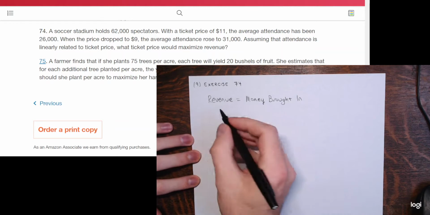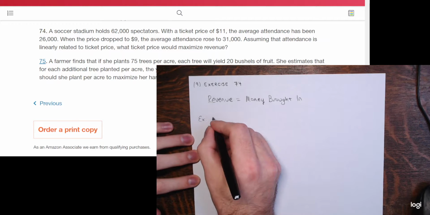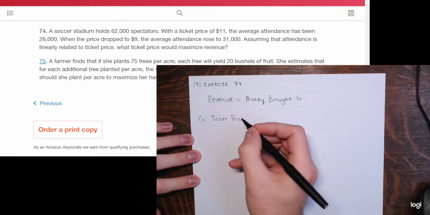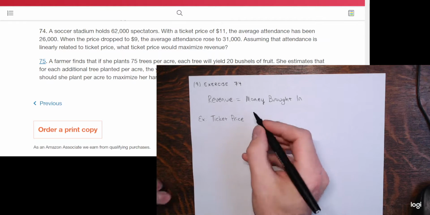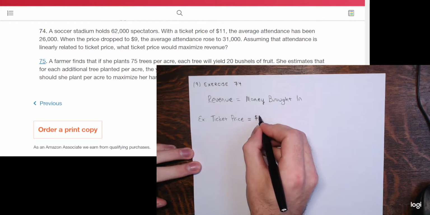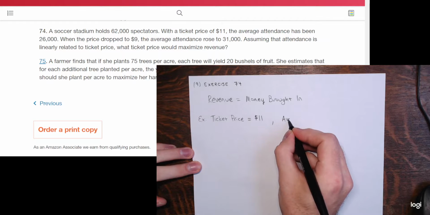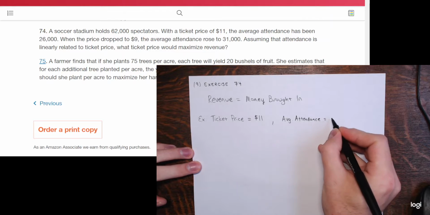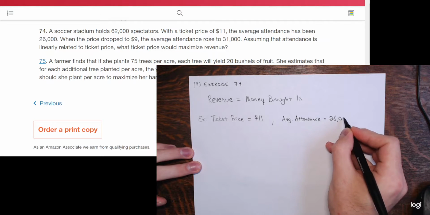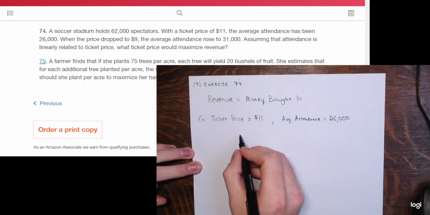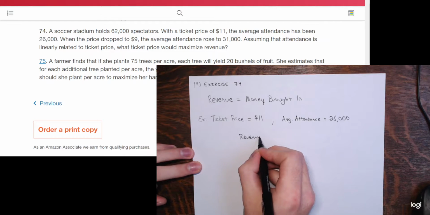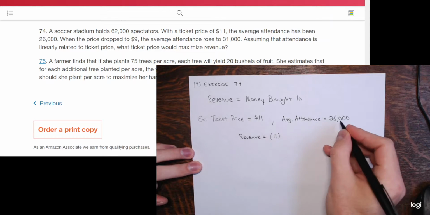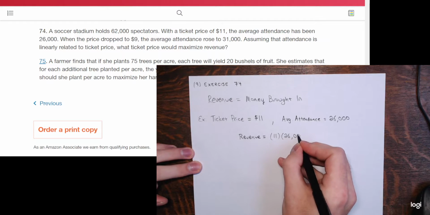So for example, when the ticket price is $11, they say the average attendance is 26,000 people, meaning the revenue in that case, on average, would just be, you get $11 from each of these people, so 11 times 26,000, right?